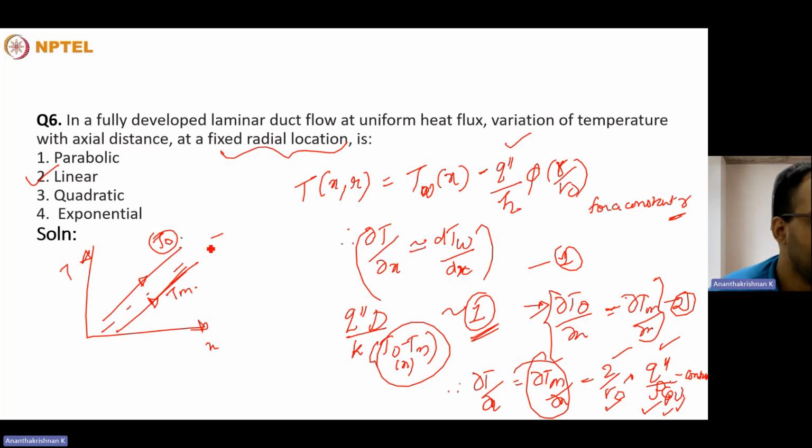So the slope will be linear. What we could see is that the variation of temperature with axial distance is linear. From the slope, we could say that it's a line. Variation of the temperature with respect to x is linear. Note it doesn't have any other dependencies.